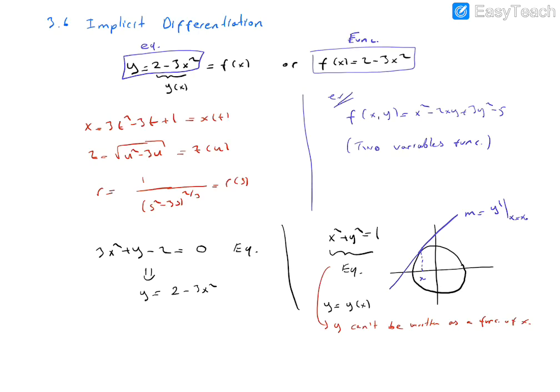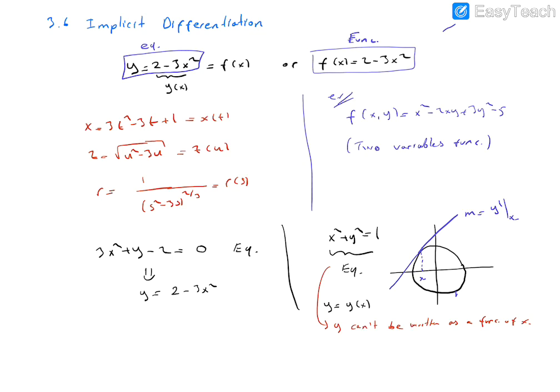Why is it called implicit? Here 3x squared plus y minus 2 equals 0 is given implicitly, but y equals 2 minus 3x squared is given explicitly. An explicit rule means a directly stated rule that enables us to determine y for each value of x.